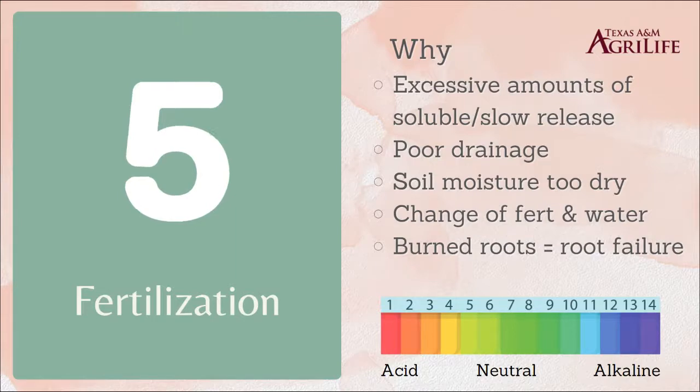So what we have here is, I talked about that pH scale. Plants do best between, I don't know, like 6 and 7.5. I think it's somewhere around there. Anything lower than that is acid. Anything higher than that is alkaline.